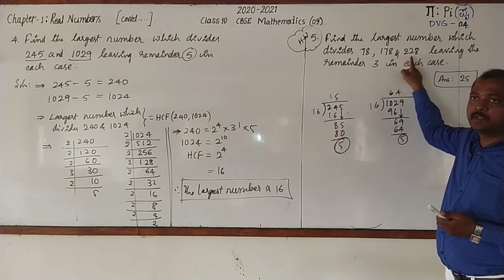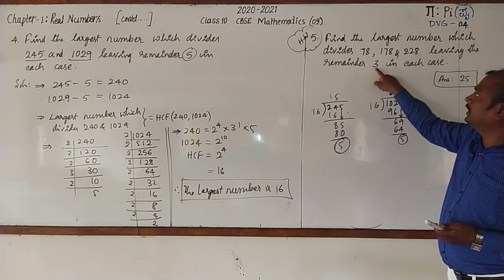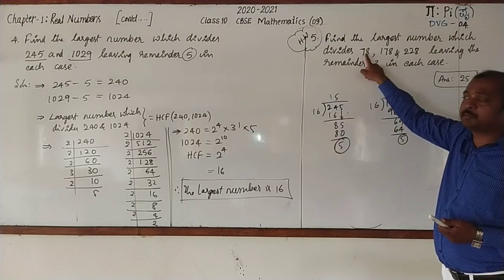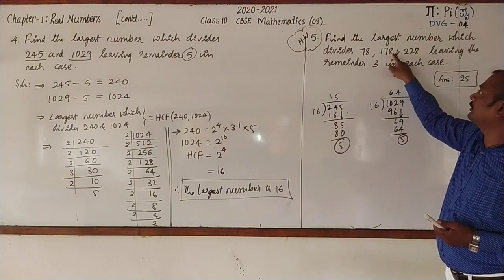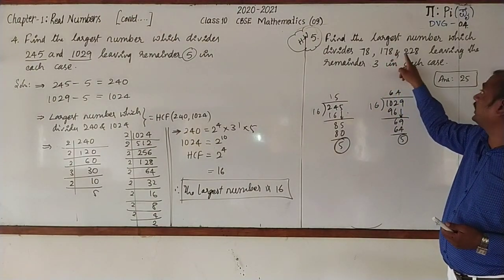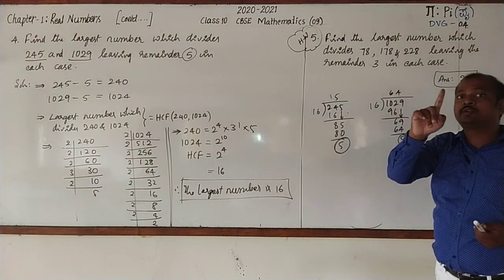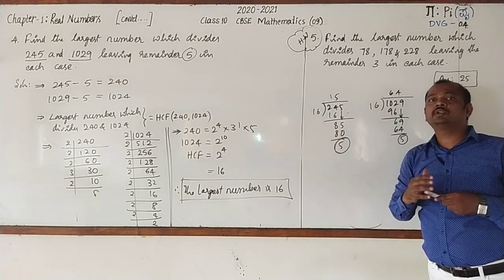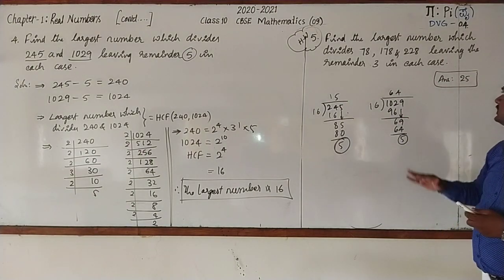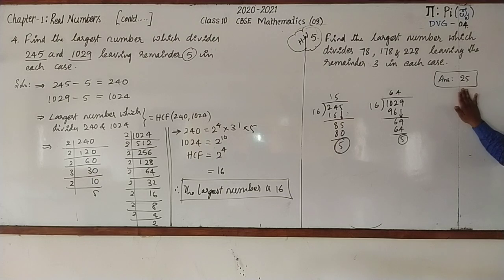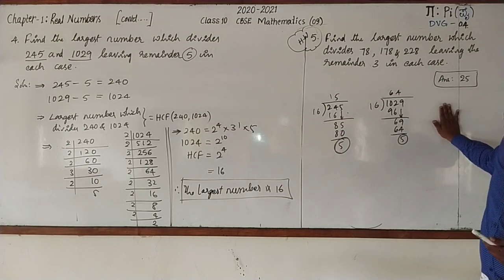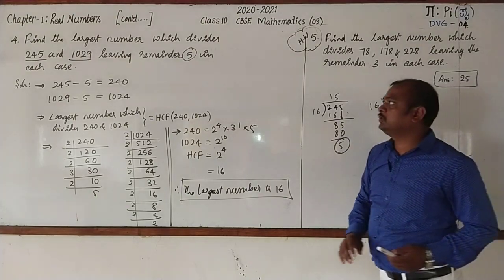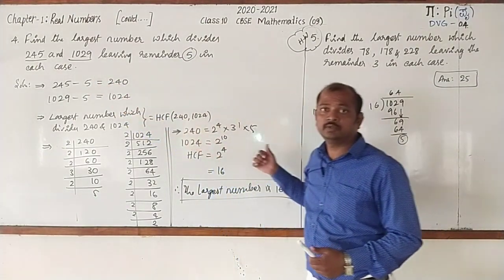Remainder is 3, hence 3 is to be subtracted from each number. 78 minus 3 is 75, 178 minus 3 is 175, 228 minus 3 is 225. Then you have to find the HCF of all three numbers. Your final answer will be 25. Even I have given a hint also. Please try this one. So now pause the video and start writing from there to here.